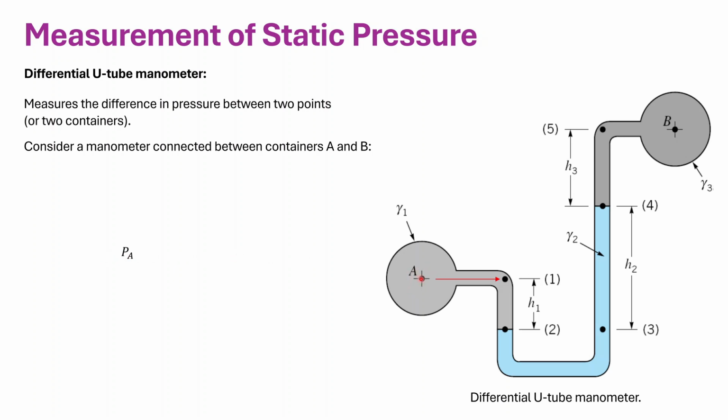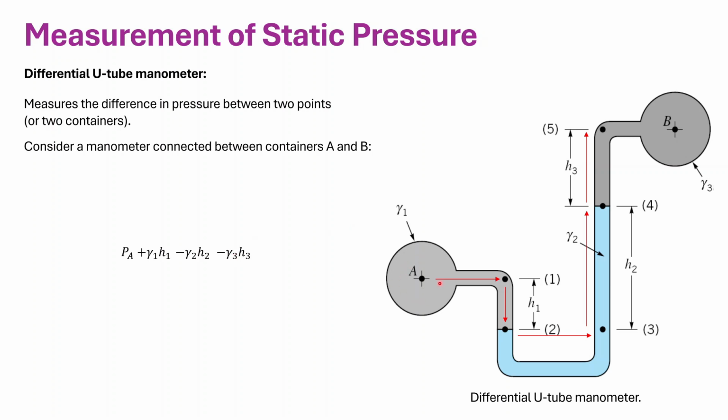So pressure at point A equals pressure at this point, PA plus gamma 1 H1 because we are going down, so pressure increases. And then from here, we can go to the right directly, and then we should go up. So since we're going up, then pressure decreases. We can write minus gamma 2 H2. And then from this point to this point, because the fluid changes, we have gamma 3.